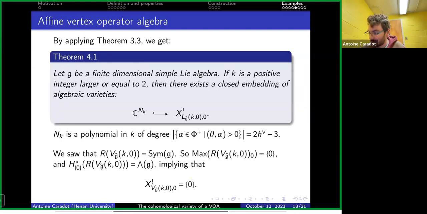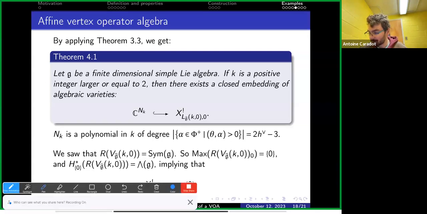And so the associated variety for this one is going to be 0. But then it makes sense because we still have this kind of duality. If one is 0, the other is not 0. Because remember here, the associated variety of the universal one is G star.